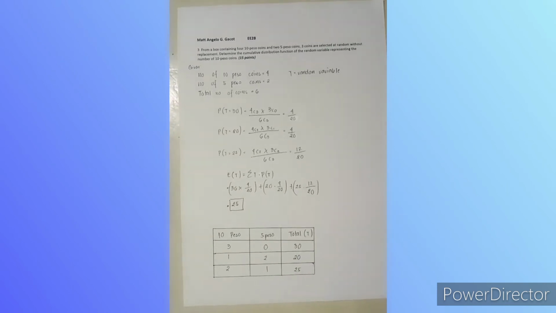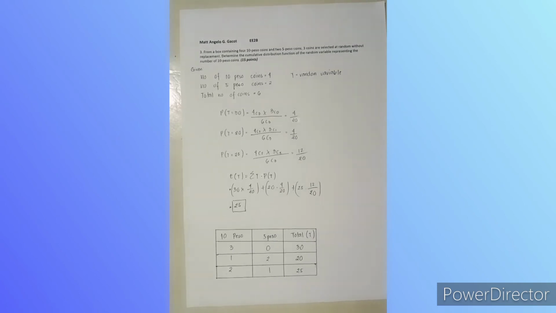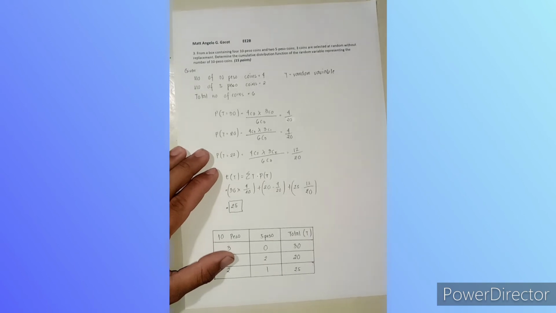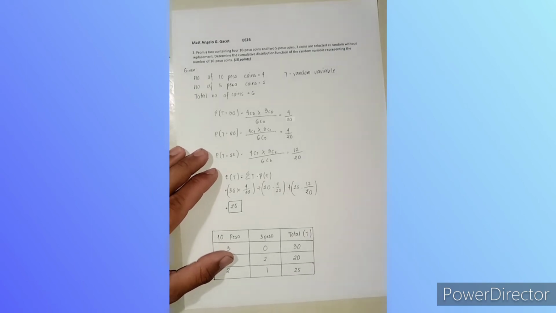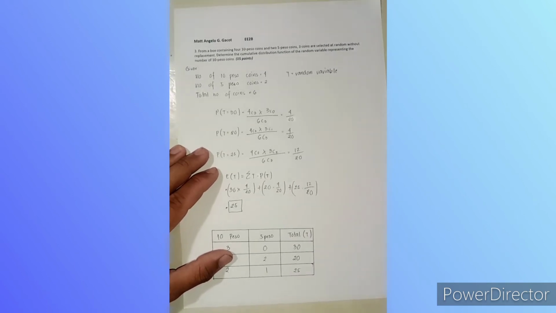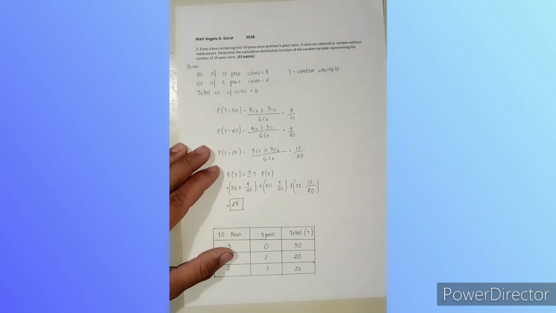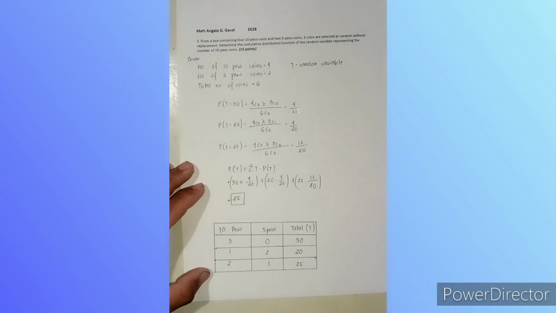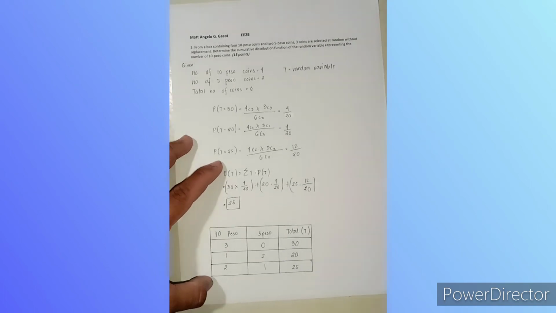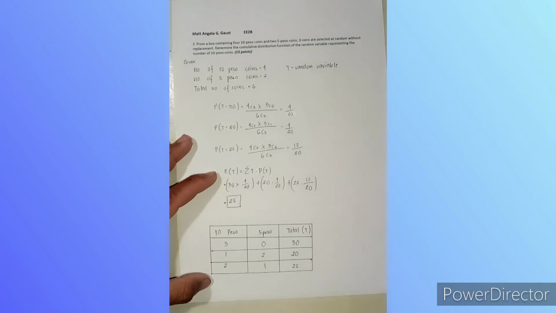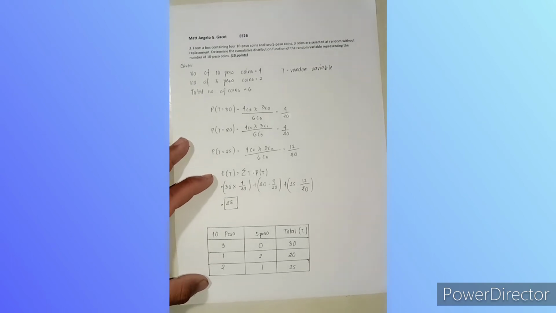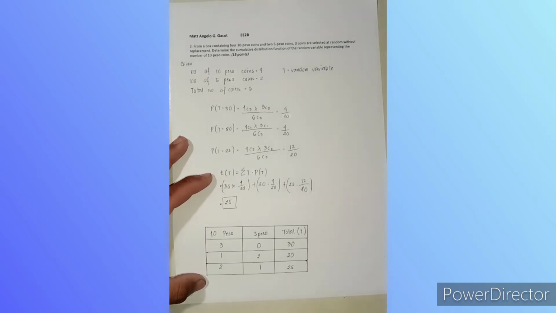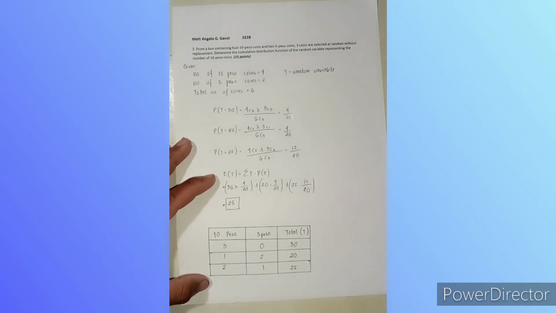For P(T = 20) is equal to 4C2 times 2C1 all over 6C3, which is equal to 4 over 20. For P(T = 25) is equal to 4C2 times 2C2 all over 6C3, which is equal to 12 over 20.